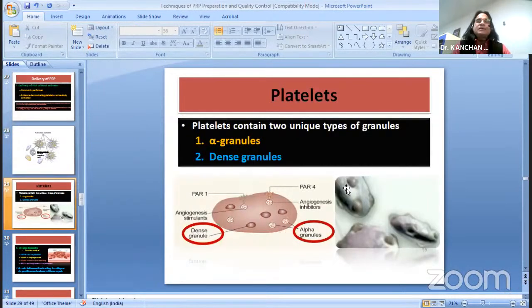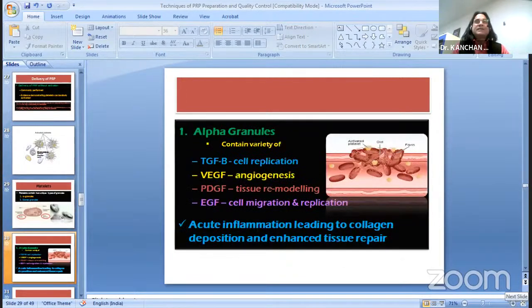So why is activation required? You know, in the platelet there are two granules, dense granule and alpha granule. These granules must pop up, because they contain all the growth factors and cytokines. When they pop up, then all the growth factors and cytokines will be released. Otherwise not. That's why activation is a very important step in making the PRP.